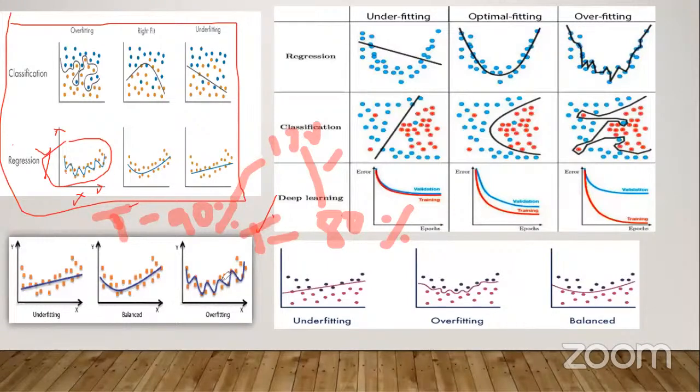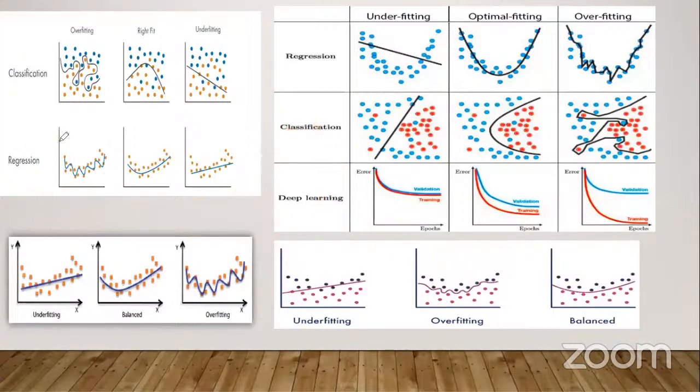So, understood, guys? That's the basic concept of overfitting and underfitting. Now let's try to understand it from the graphical point of view. Let's say this is the data set which we have created, with an x-axis and y-axis, and we plot the data.